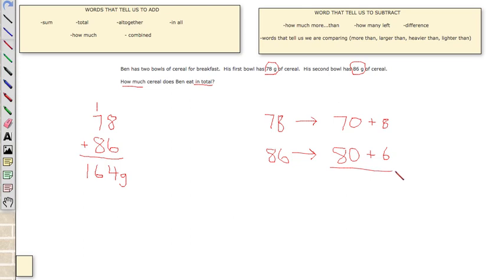And I could take those numbers and I can add these together this way. So 70 and 80, if I add the tens up, so 80, 90, 100, 110, 120, 130, 140, there's 150 here.